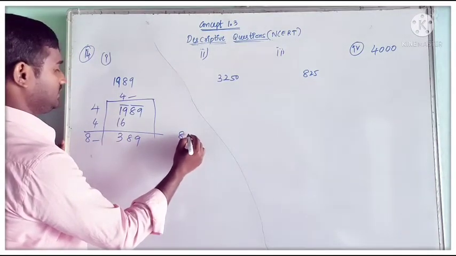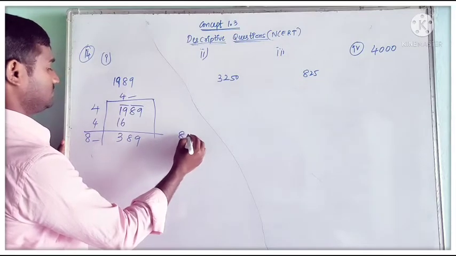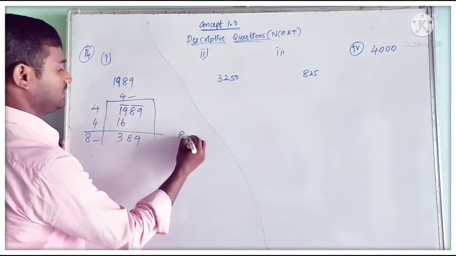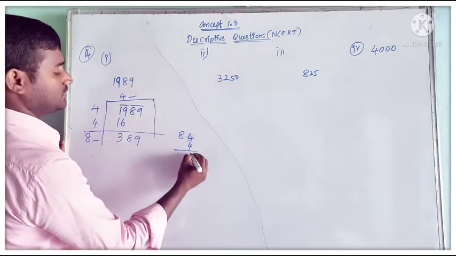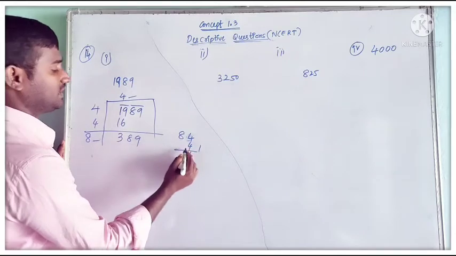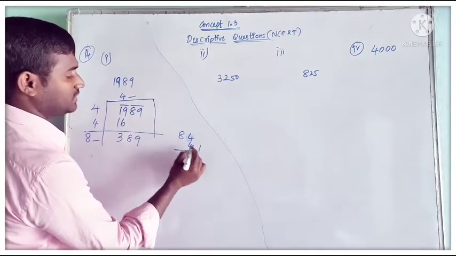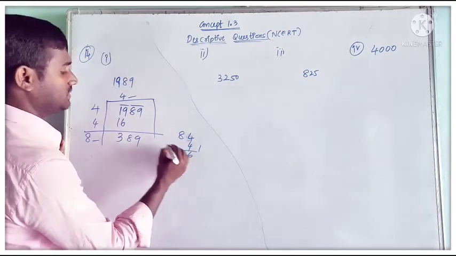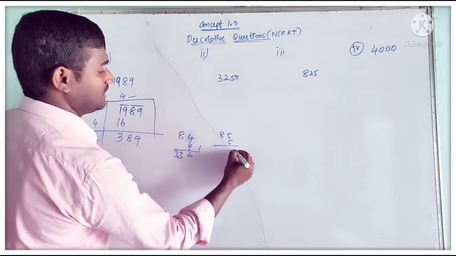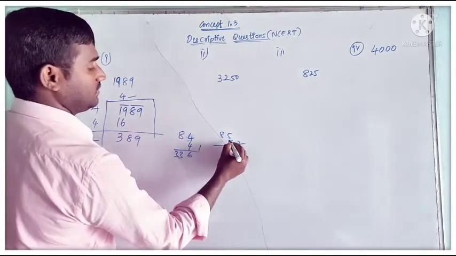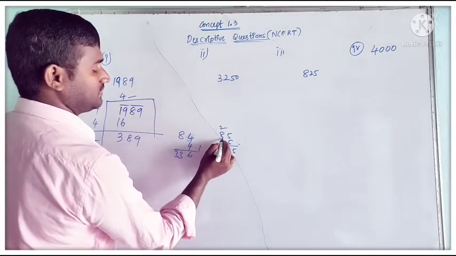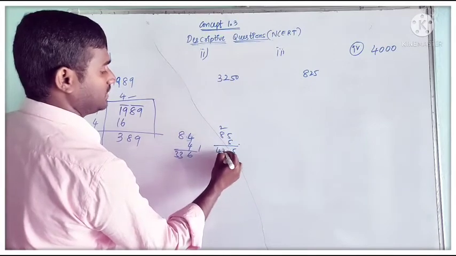You can take 84 into 4. 4 4s are 16 and 4 8s are 32, 32 plus 1 is 33. If you take 85 into 5, 5 5s are 25, and 5 8s are 40, 40 plus 2 is 42.